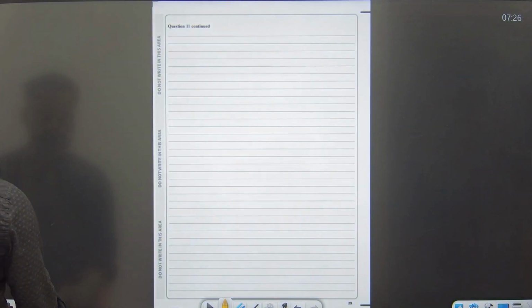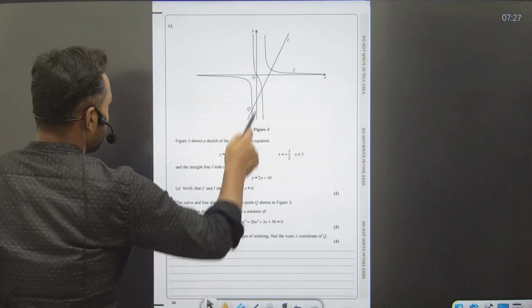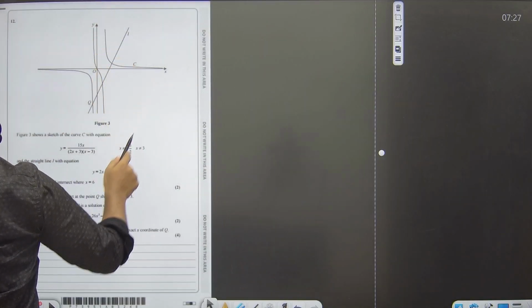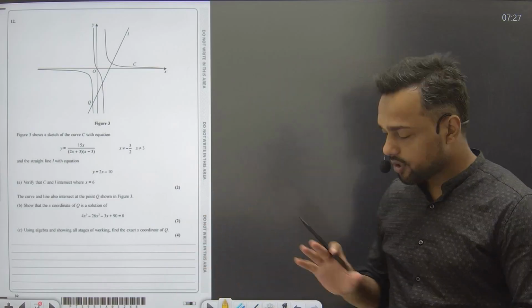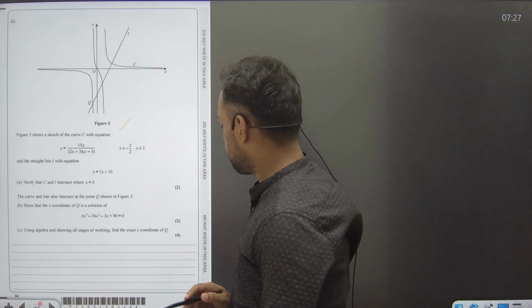Now, next question. See, they have given a particular sketch of the curve with the equation.